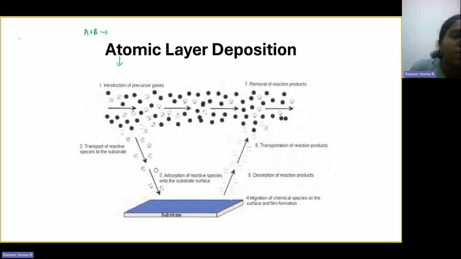This will react with your substrate and it will form some kind of bonds. So it will form some self-limiting kind of surface on your substrate layer.